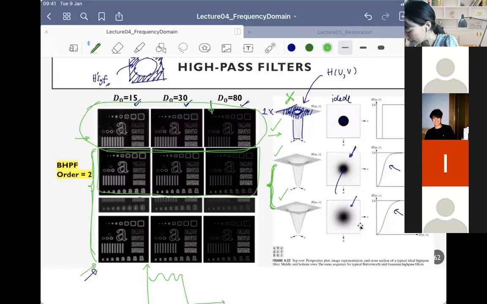I suppose that they have a different D, and I think they are different for the ideal and the Butterworth, and another one is Gaussian.